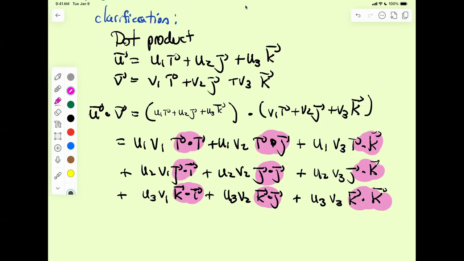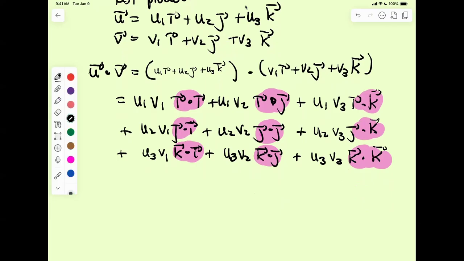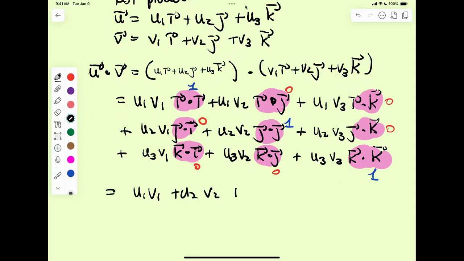In the case of the dot product, the way it's defined, if the vectors happen to be orthogonal, you get zero. So the overwhelming majority of these terms are zero, and all except i dot i, j dot j, and k dot k go away. Those others are one, so this ends up being u1 v1 plus u2 v2 plus u3 v3.